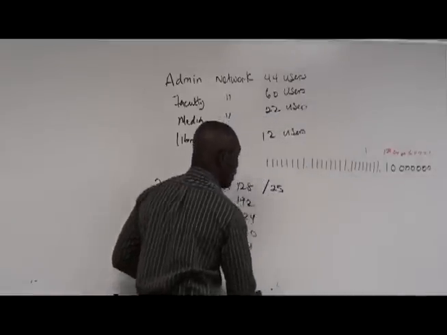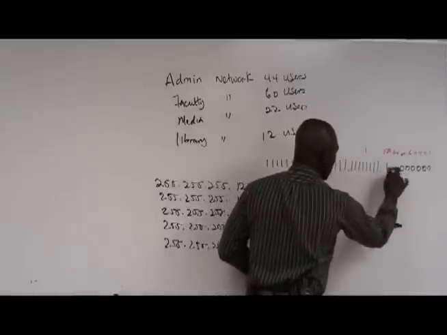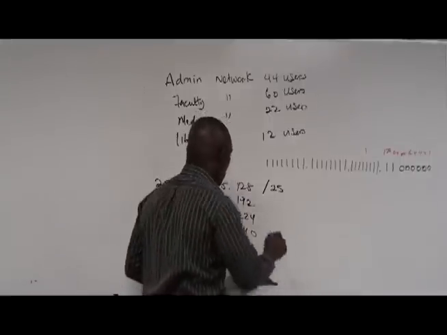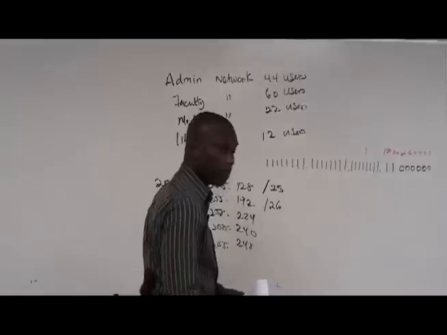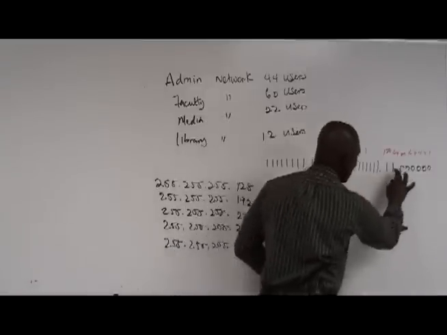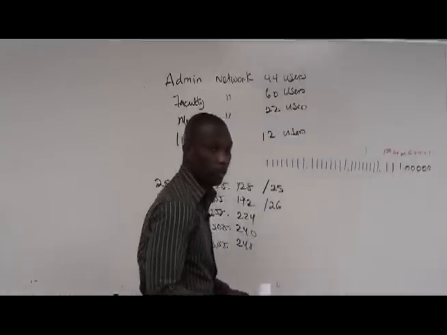Now, how do we get 192? We have to put on here, which is a 128 plus 64 will give you 192, right? So this here is a slash 26, right? 224. We put on the 32. So 192 plus 32 is how much? 224, right?